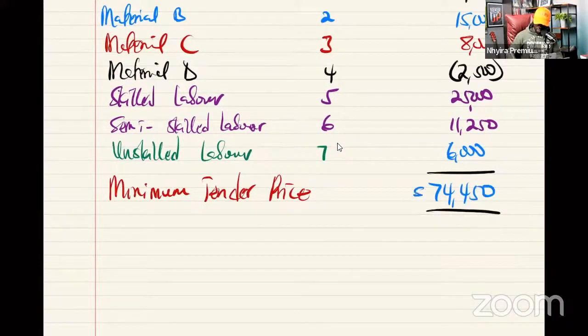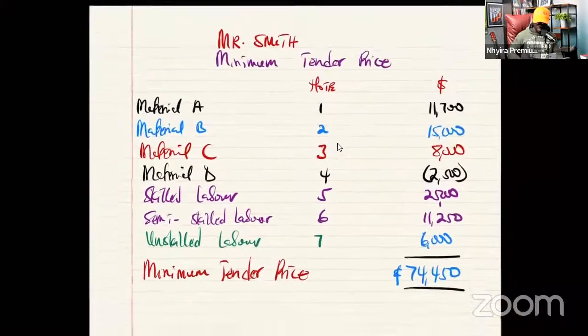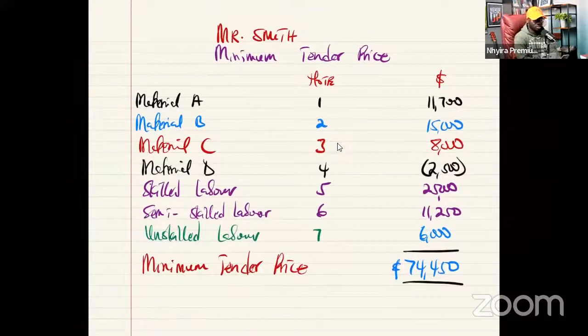So this is the minimum tender price that Mr. Smith can charge for the project. Remember, the question said minimum. The question didn't say how much should he charge. So this is the minimum that he can charge.